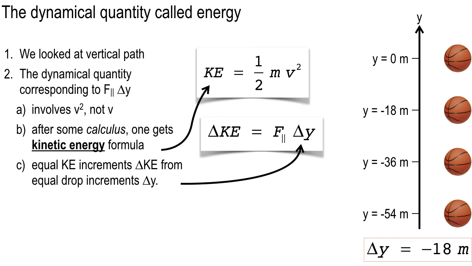The impulse was delta P equals F delta T. The partner to that is delta KE equals F parallel times delta Y. And this is for the free fall example here on the right side of the screen.